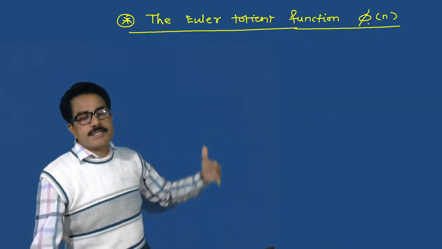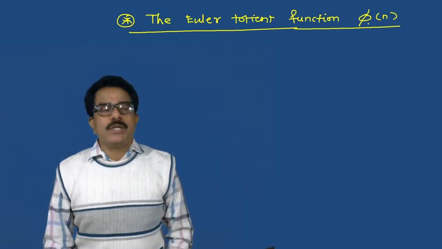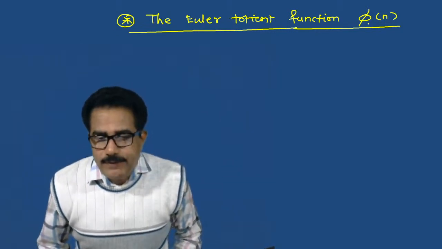Now we shall discuss the next function, that is Euler's Totient function, which is denoted by phi of n.